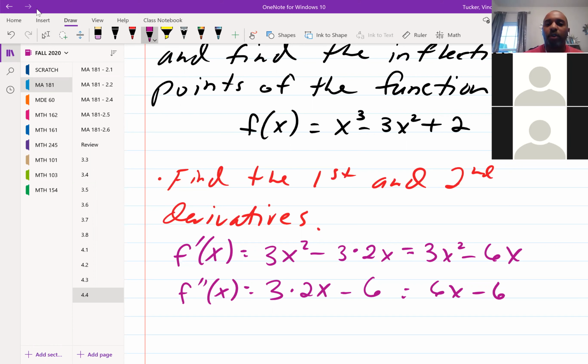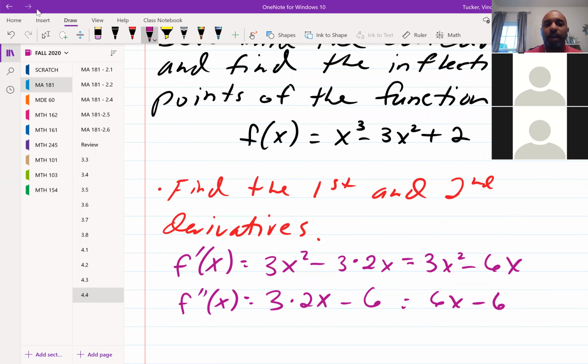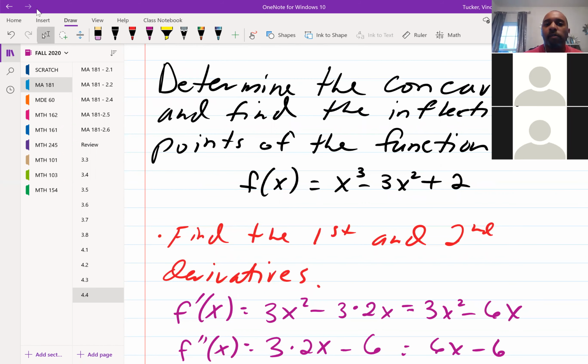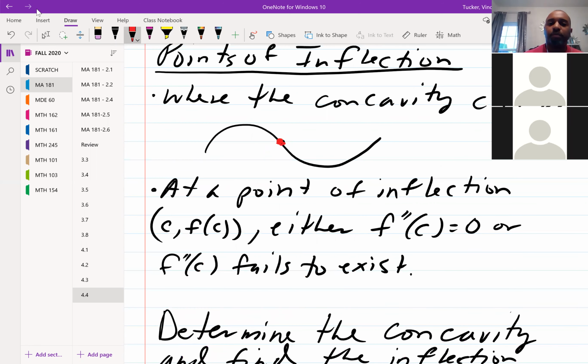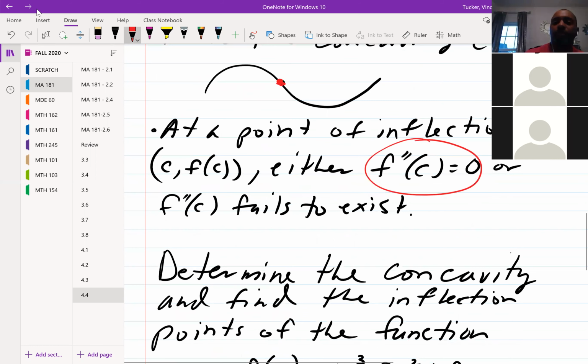So now we go back to what they're asking us. They're asking us to determine the concavity and then find the inflection point. So if we go back to what influences that, the inflection point is going to be where f double prime, or the second derivative of your function, is equal to 0.